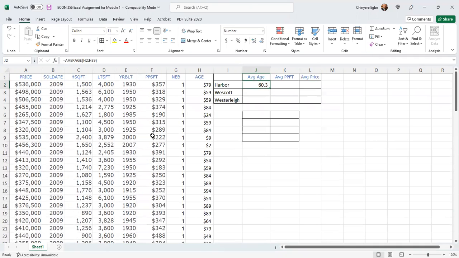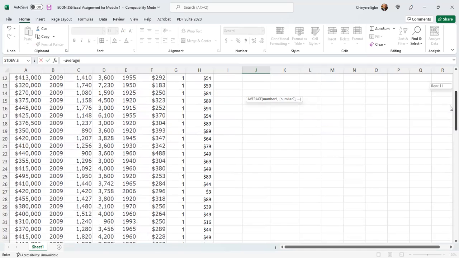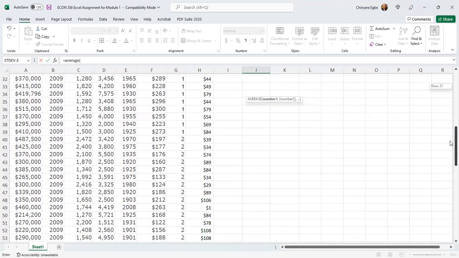And then for this, equals average, and you go to neighborhood 2. We're still looking at age.